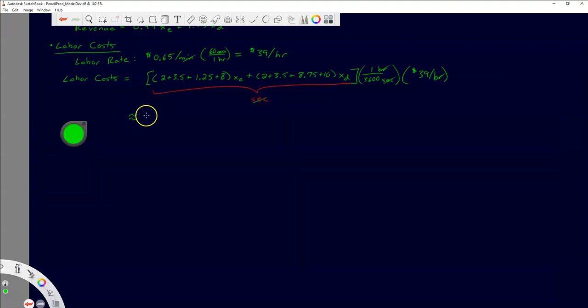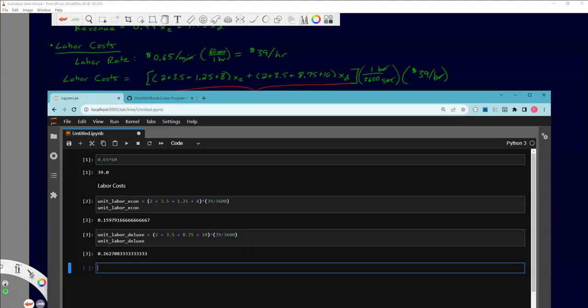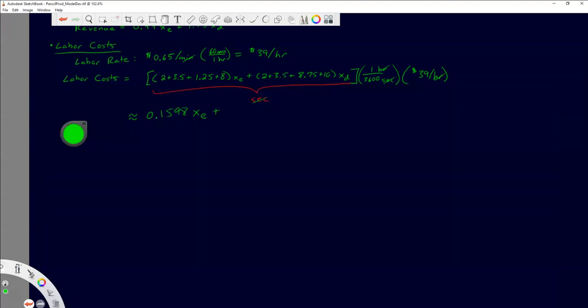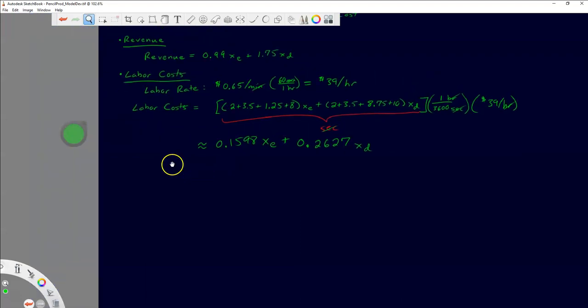So I can say this is approximately 0.1598 x sub e plus 0.2627 x sub d there. And so now I've got a description of the labor cost when I make a certain number of economy pencils and a certain number of deluxe pencils. So things are shaping up quite well.